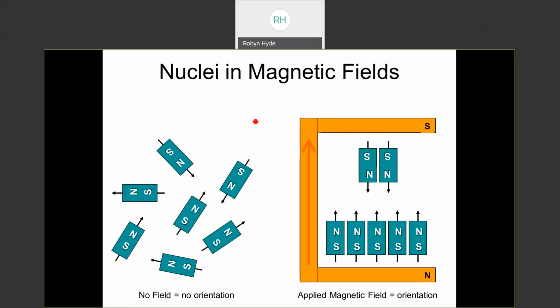With what ends? What ends snap together? Yeah, south and north. So the opposite poles snap together. And so that is the kind of orientation that we see in an applied field. That the north side of the bar magnets will align with the south of our applied field and vice versa.